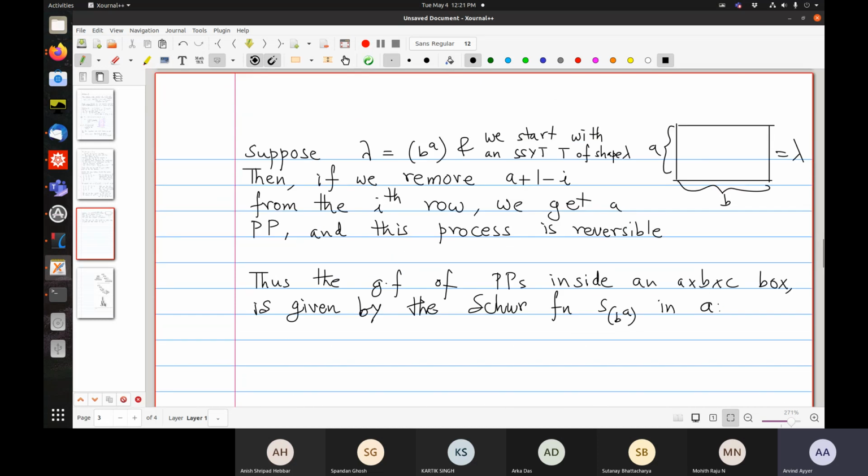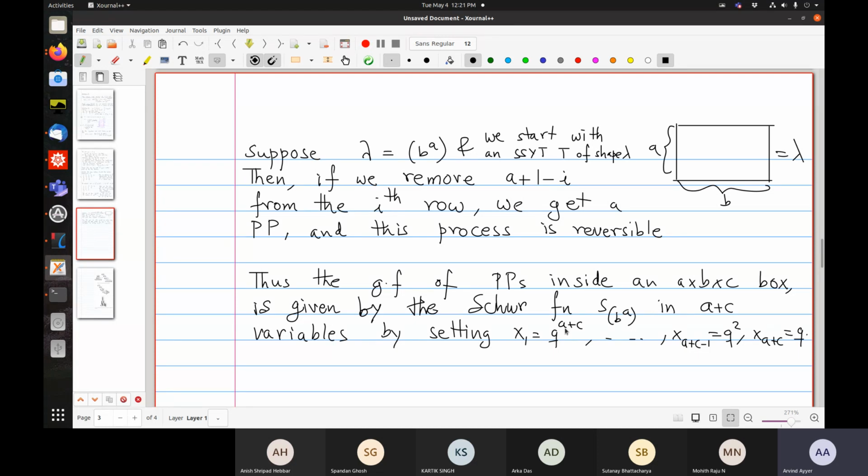In A plus C variables, by setting x1 equals q to the A plus C, all the way up to x A plus C minus 1 is q squared, and x A plus C is q.